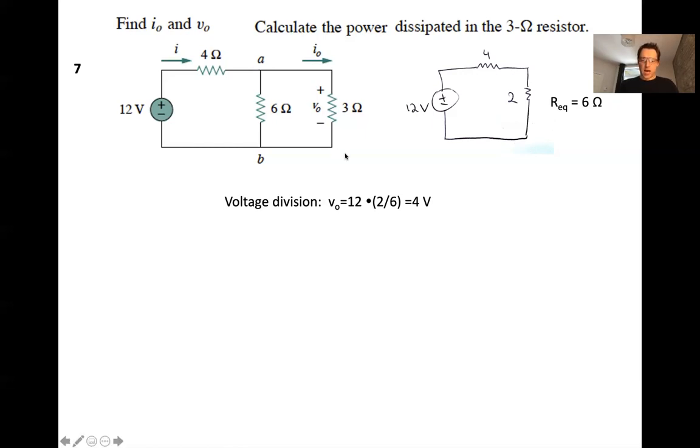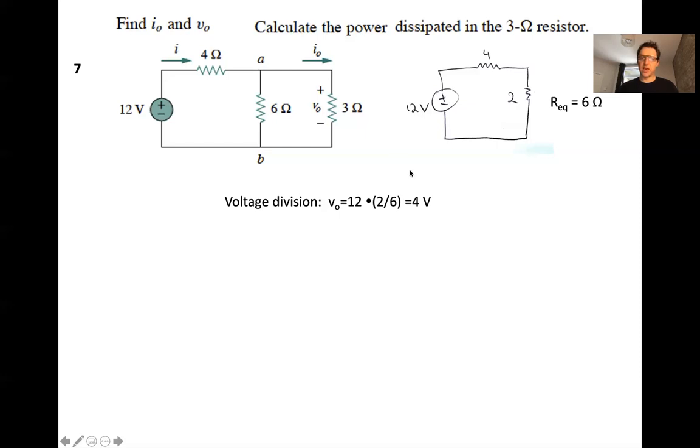So what you can do, for example, is know that I is equal to 2 amps, apply the current division rule, and figure out how much is flowing through the 3 ohm resistor, and then that gives you I naught. But an easier way is to apply voltage division directly to this picture, right?